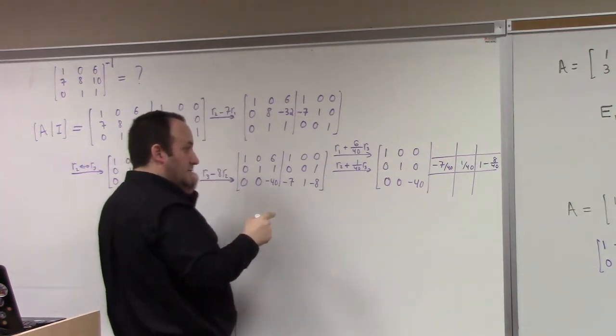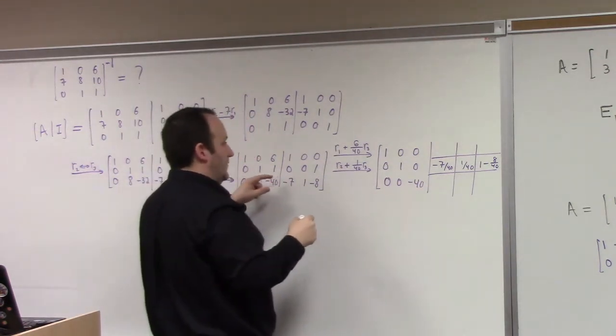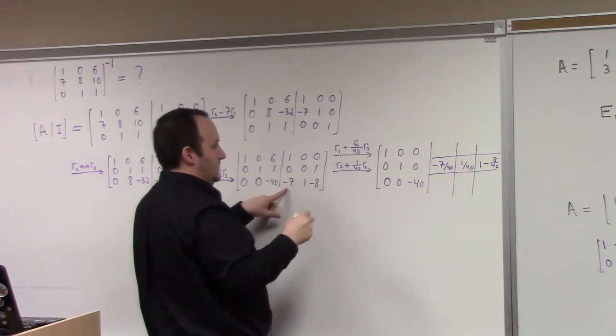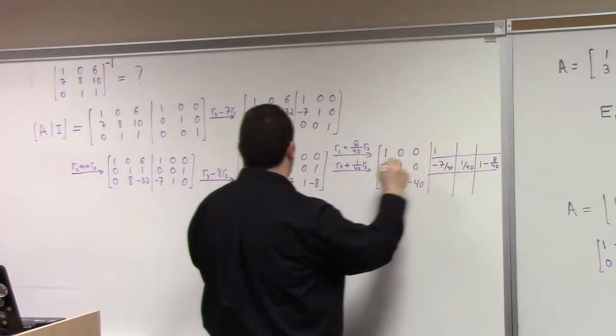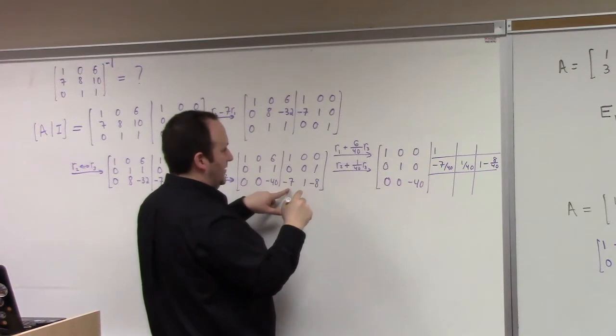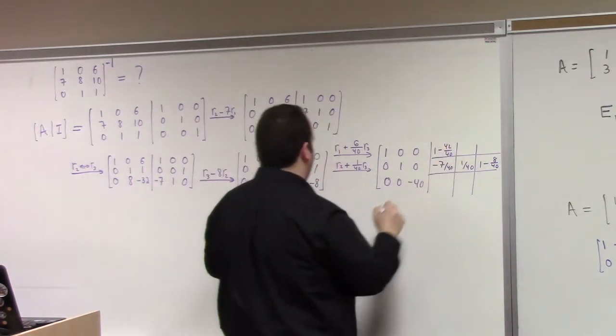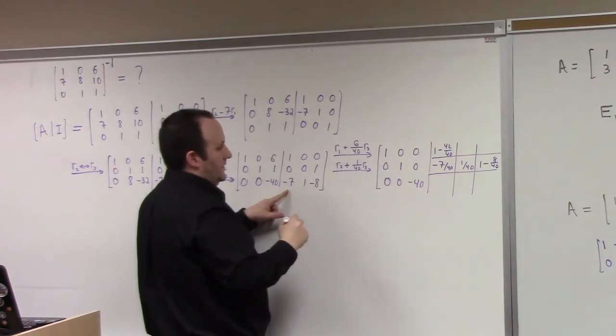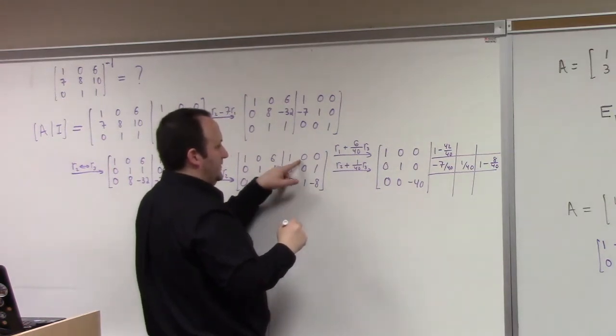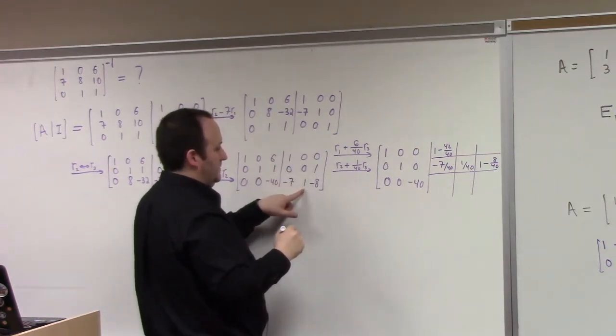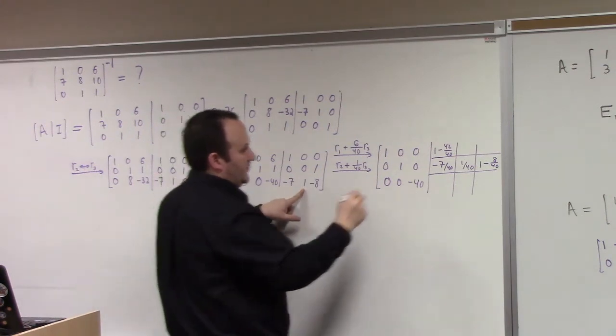Top row, we've got 1, that 1 minus 42 over 40, 0 plus 6 over 40, right?